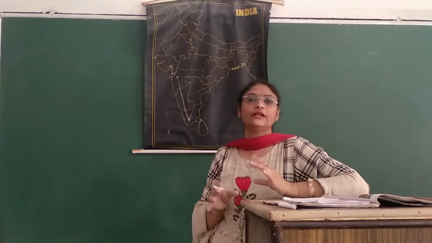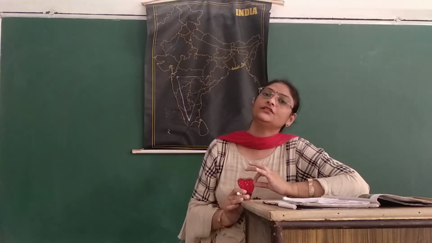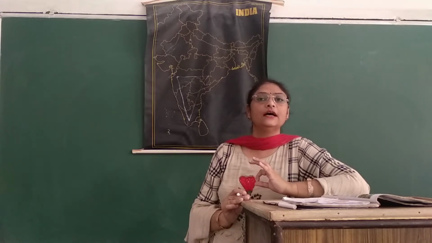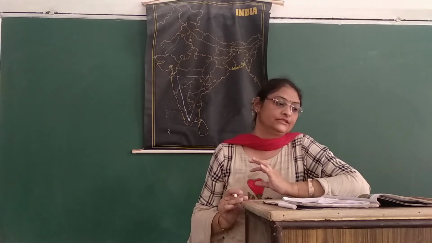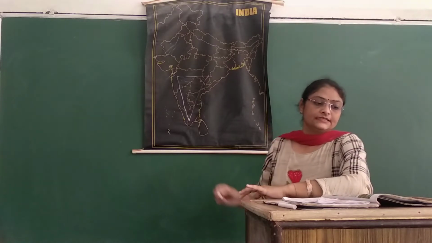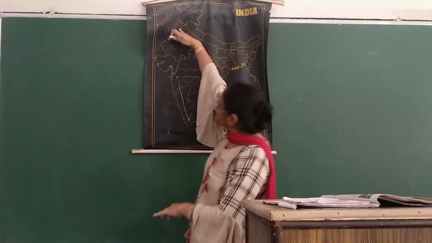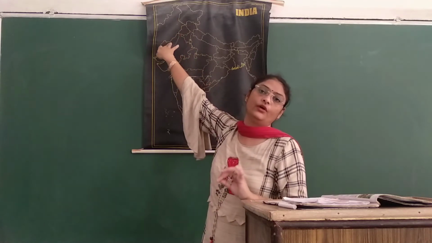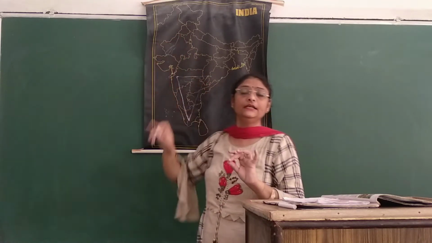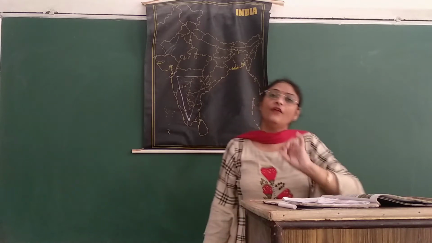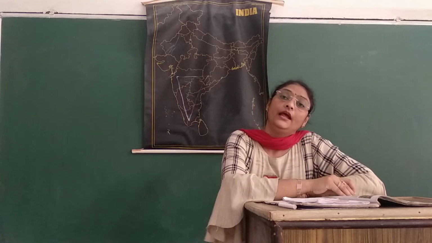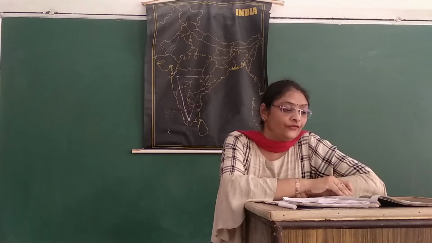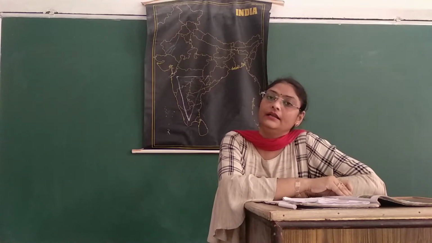Small hills of the sand, and these hills of sand are known as the sand dunes. And the next feature is that this area of India receives low rainfall. In the Indian desert, it receives very low rainfall, near about 150 mm per year.